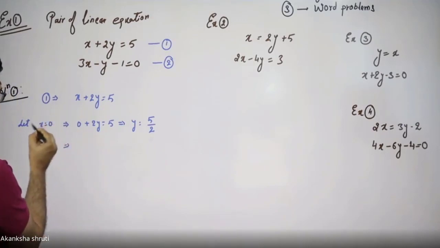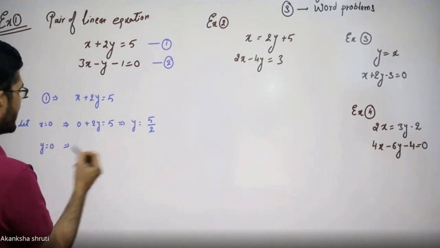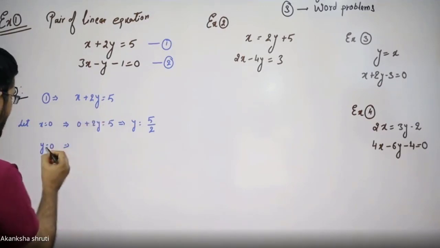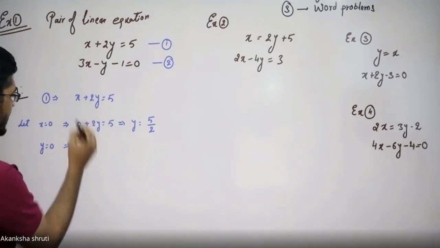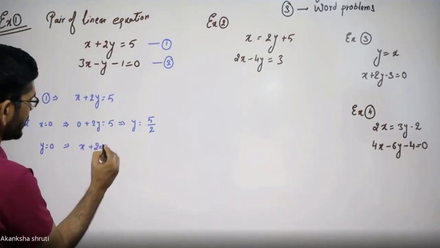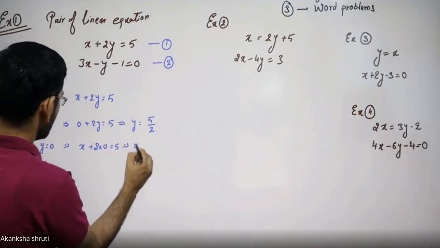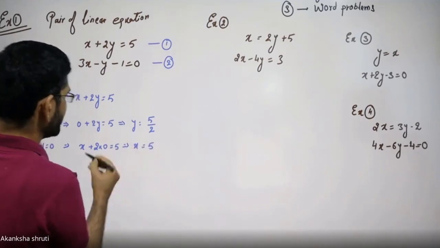One of the variables is assumed, like here x equals 0 is assumed and y is calculated. Next, we are assuming y equals 0 and calculating x. x plus 2 into 0 equals 5. This simply means x equals 5.